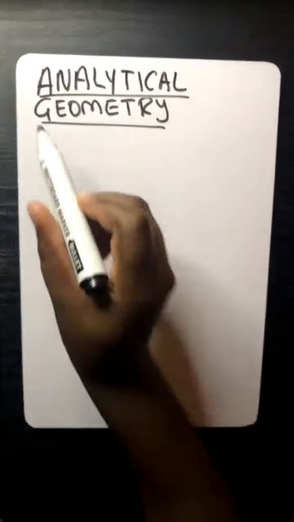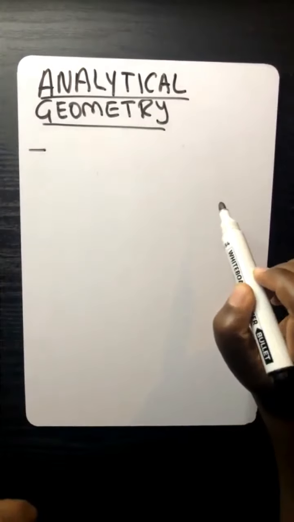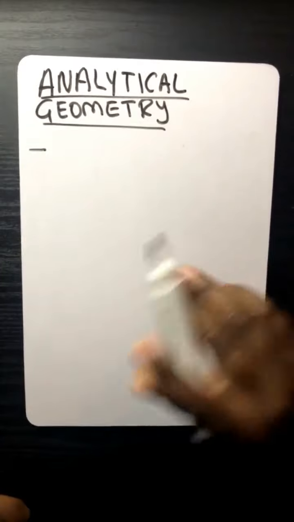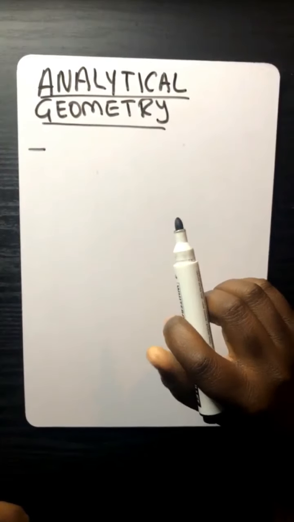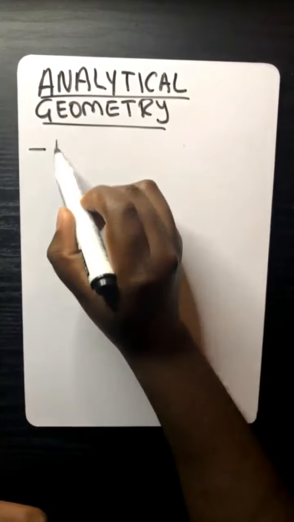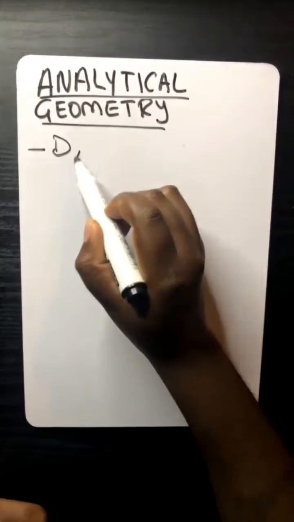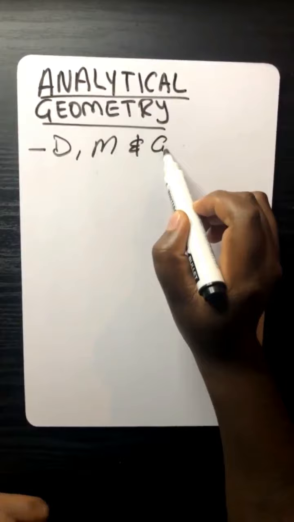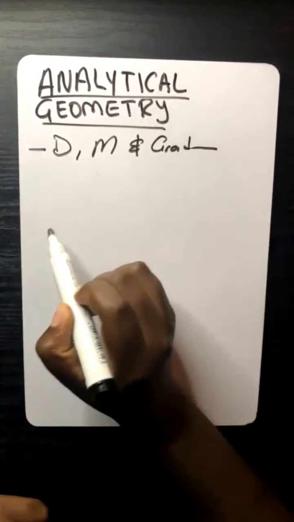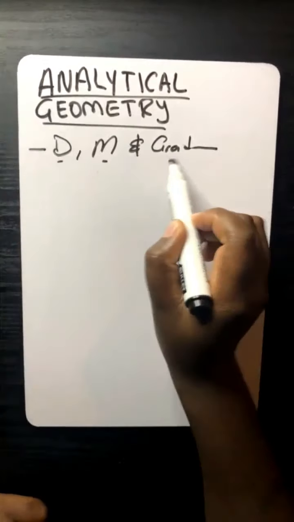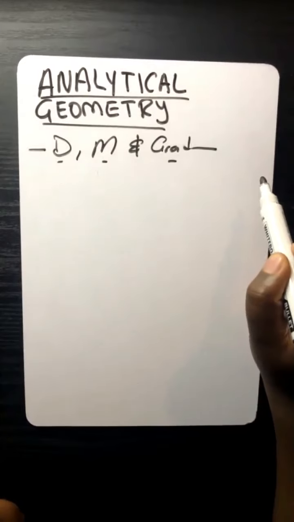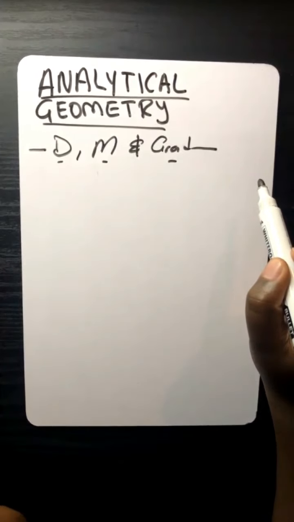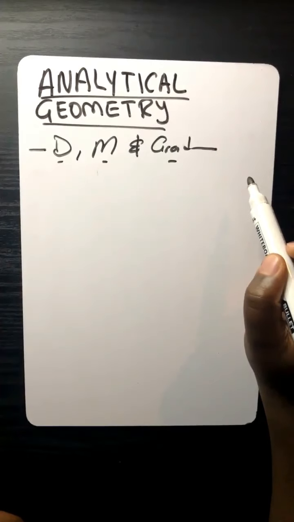In today's lesson, we'll be looking at a bit of revision for grade 10, where we look at the distance, the midpoint, and again, the gradient. If you're in grade 10, you should be familiar with the formulas for calculating those, and you should have an idea of how to calculate those.